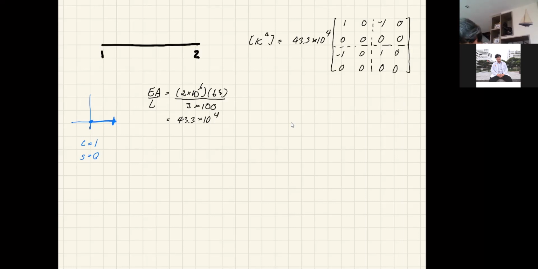Okay. Now the code for member number 4 is 3040. 3040. So that means you only have this, and this. Okay, so I can just write K4 now.